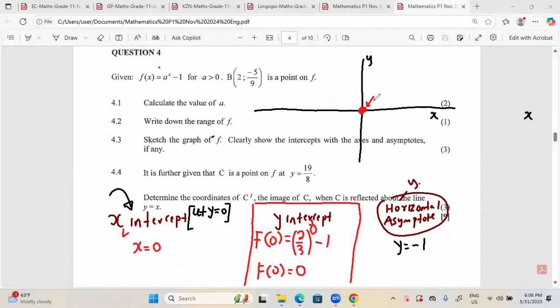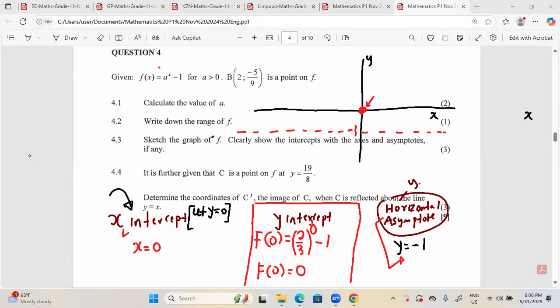We also have to show the asymptote on our graph. Remember the horizontal asymptote, we are saying it's y equals -1. So you say -1, you show the horizontal asymptote. Okay, now remember that one of the points on the graph of f is (2, -5/9).